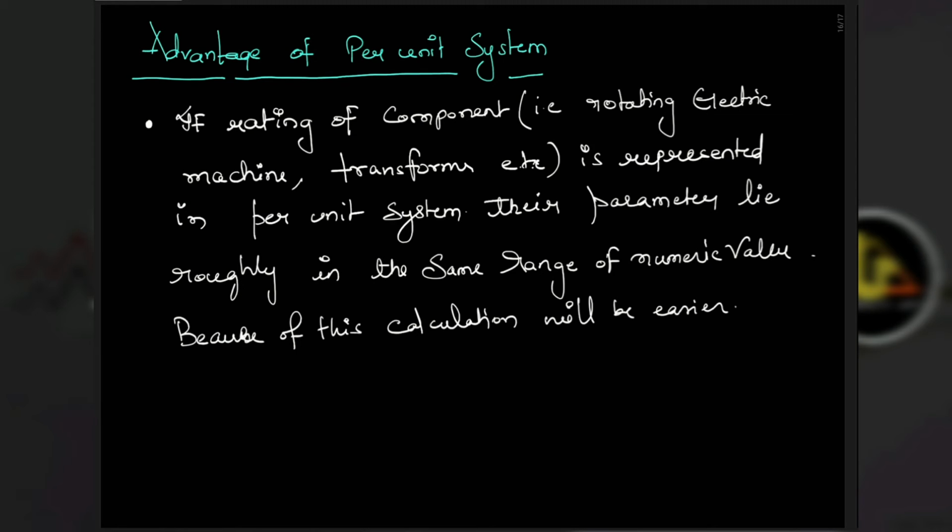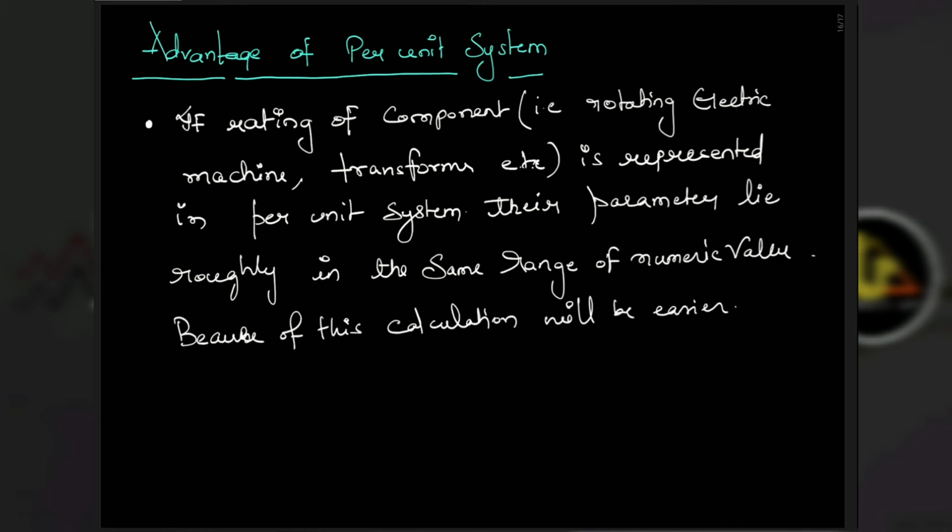Whatever actual values they have given, you need to convert those values into per unit values, and later on whatever final value you get, you just multiply with the base value and you will get the actual output. The calculation will be more complex if you perform the mathematical operations with the actual values.